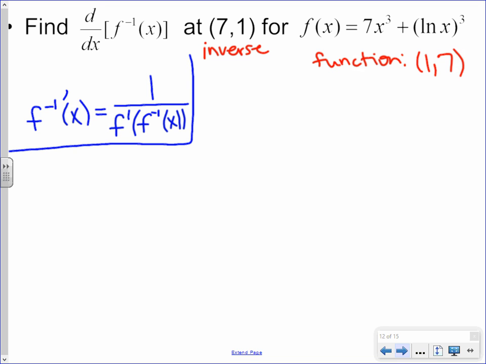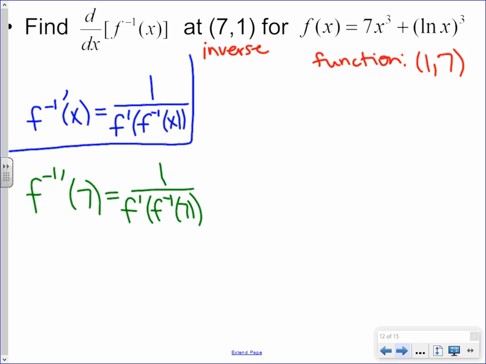Okay, so there's our rule. So if we are finding the derivative of the inverse at 7, this is what we need: 1 over the derivative evaluated at f inverse of 7.